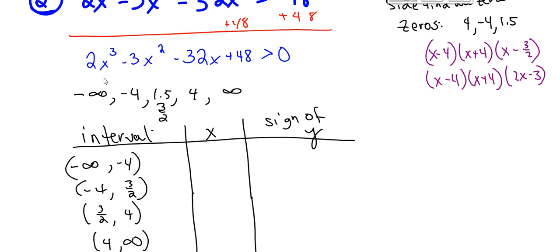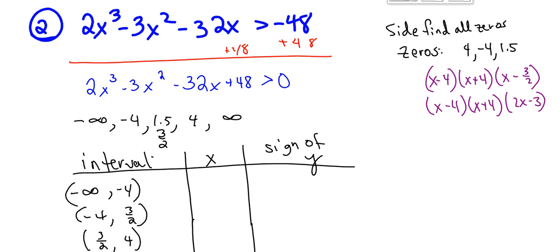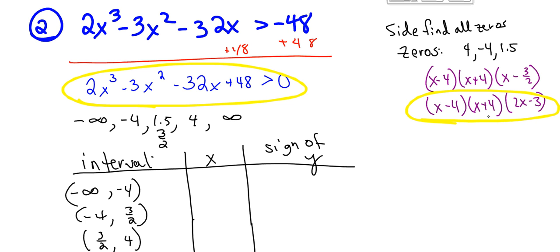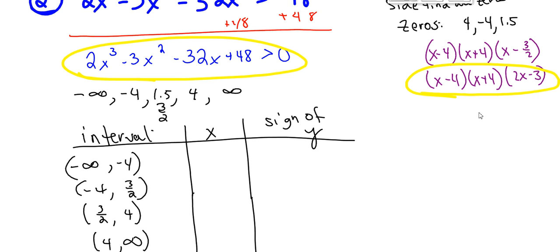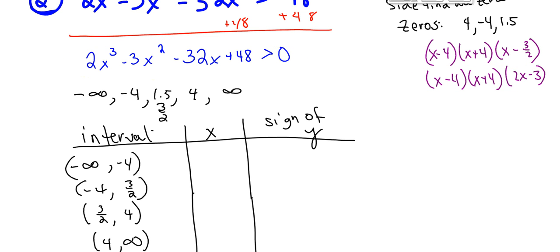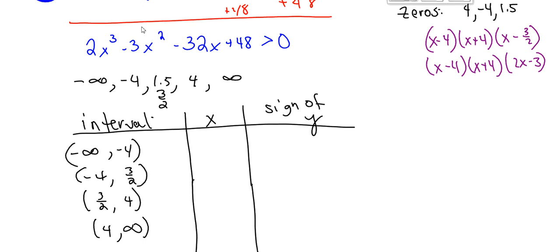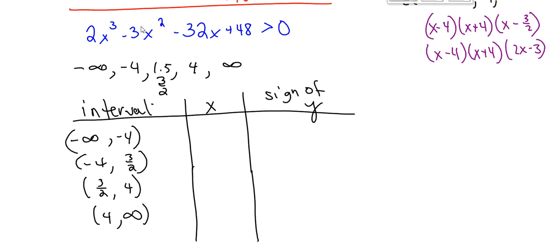And so again, you can either put that x value right in this rule, or you can put it in the one with the factors, and all we are interested in is the sign, positive or negative sign of y. And so when I pick my x values now, let me just make sure I can see everything that I want. Now I'm going to pick like, oh, just kidding. I'm going to pick like -100, because it'll be easy for me to figure out.